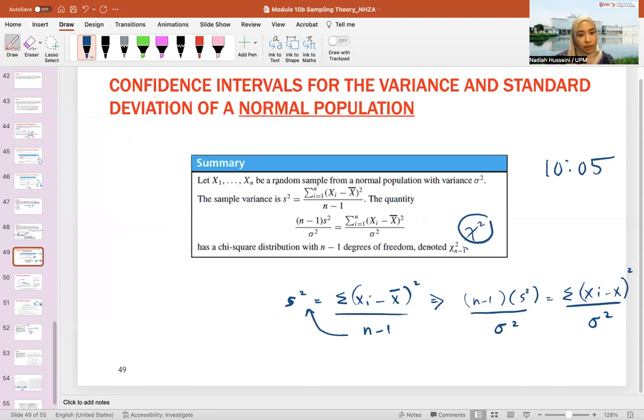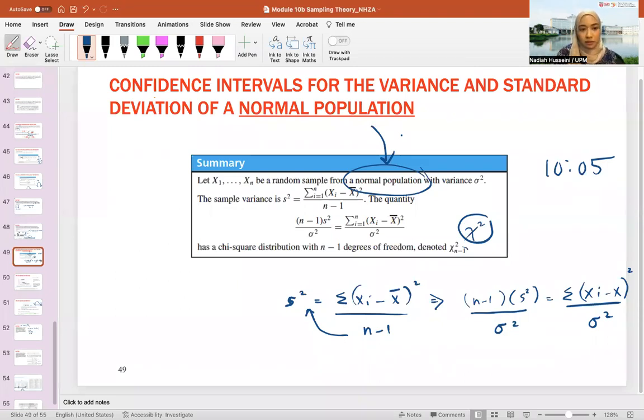Let X1 up to Xn be a random sample from a normal population. So even though we use chi-square, the sample had to come from a normal population. So this is your condition to use the chi-square distribution. It has to come from a normal population.